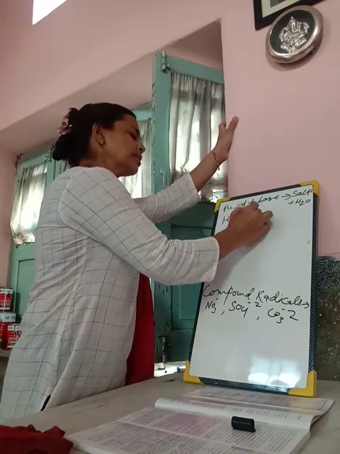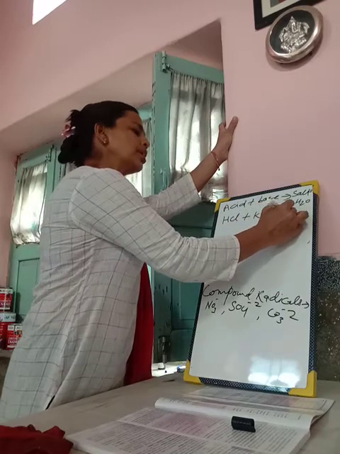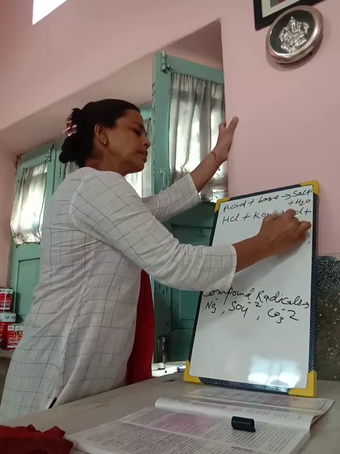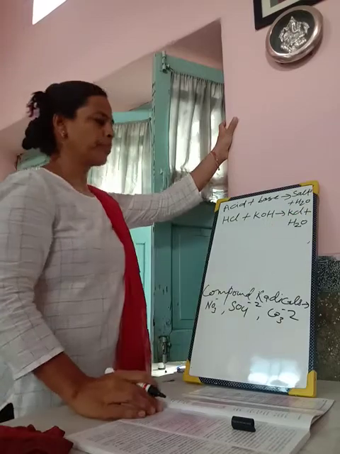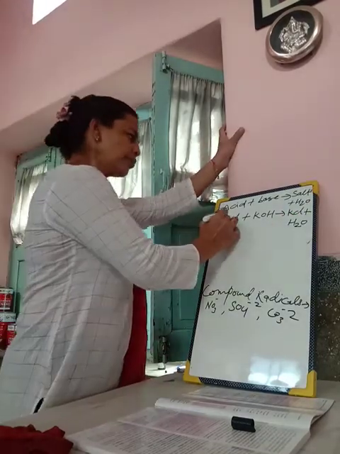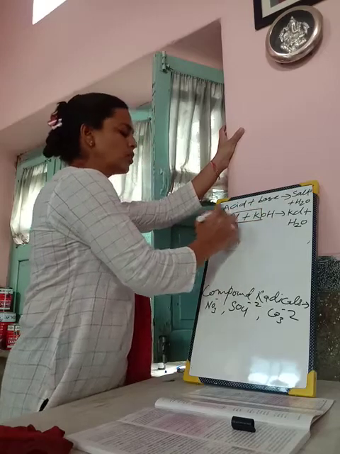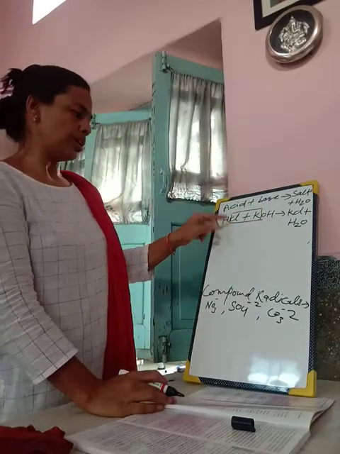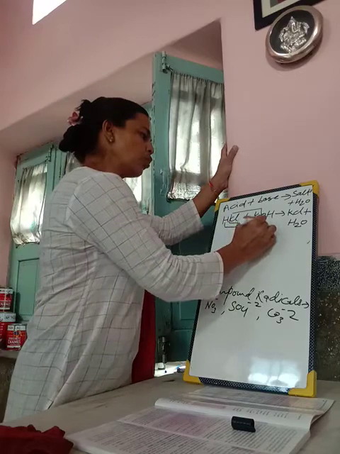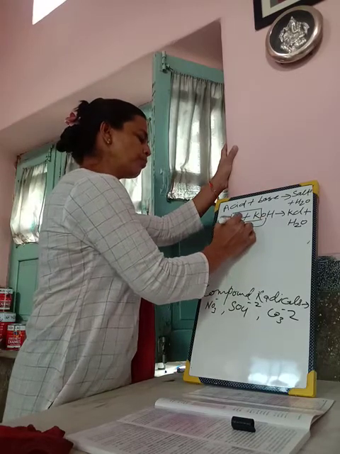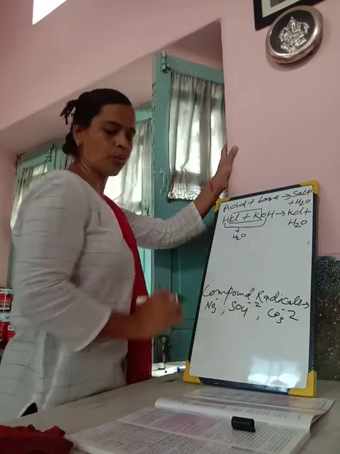HCl plus KOH gives KCl plus H2O. In this reaction, K combines with chlorine, and H and OH react and form H2O.